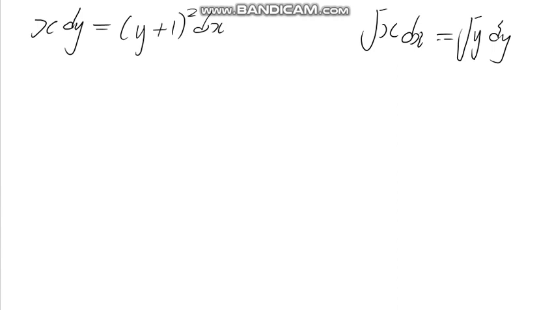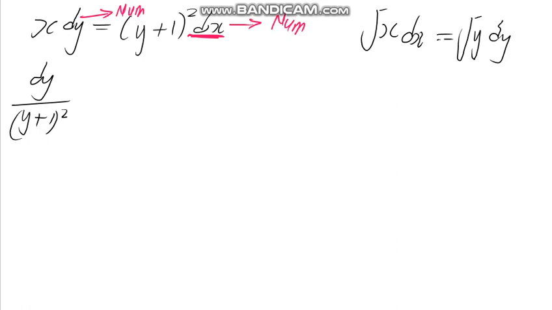Okay, so we're going to keep dx this side because we want it to be a numerator. It should always be a numerator, and dy also should be a numerator. So this will be equal to dy divided by (y plus 1) all squared equals dx divided by x.